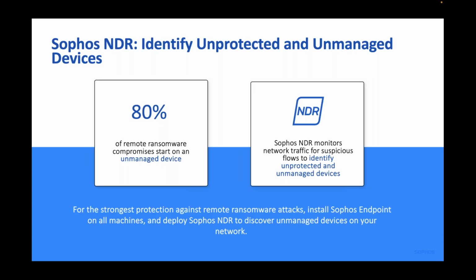NDR is network detection and response, and essentially the purpose of NDR is to monitor network traffic for suspicious flows, particularly those suspicious flows that are related to unmanaged devices. So remember, we talked earlier on about the fact that cyber criminals love an unprotected and unmanaged device because it gives them a bridgehead into the network. NDR is one of those ways that we can detect malicious activity even if we don't have presence on the endpoint itself to be able to work out what's going on.